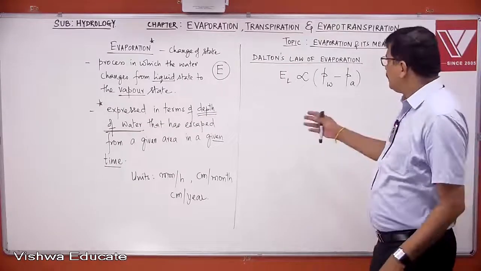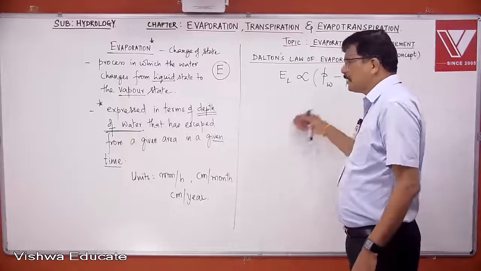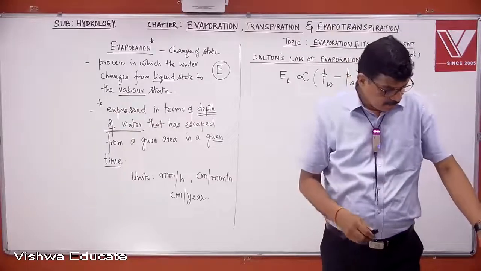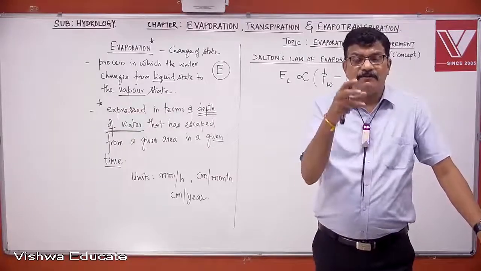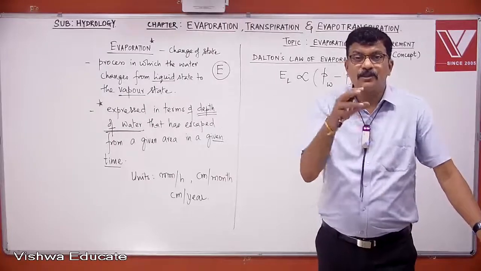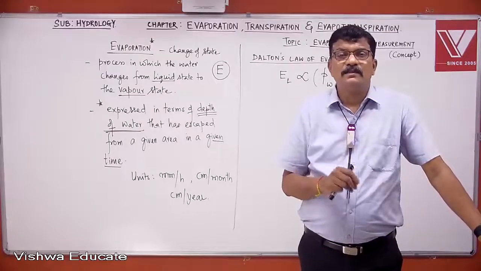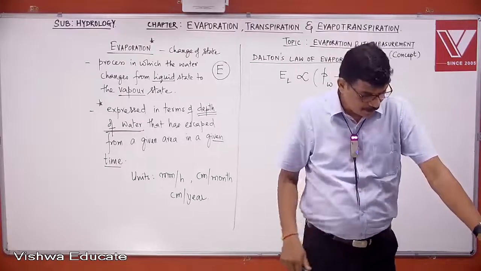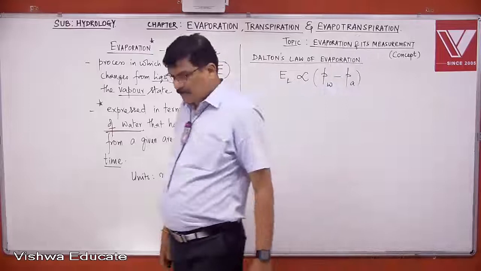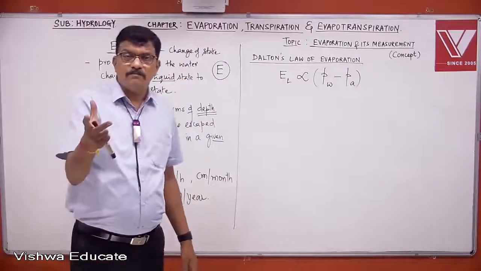Okay, having written this, now you can write down the rate of evaporation. I'm giving the statement of this law, please. Please write down the rate of evaporation from a water body.